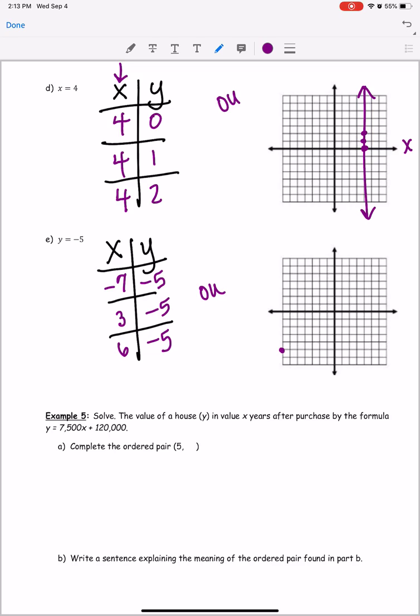Three, -5. Over 3, down 5. 1, 2, 3, 1, 2, 3, 4, 5. And then 6, -5, over 6, down 5. 1, 2, 3, 4, 5, 6. 1, 2, 3, 4, 5.